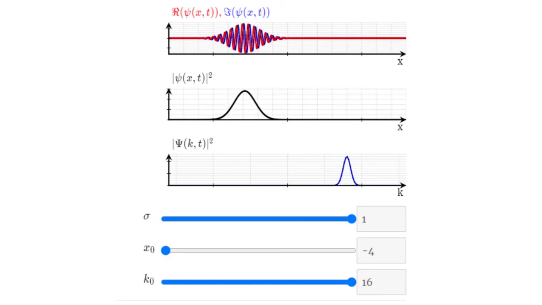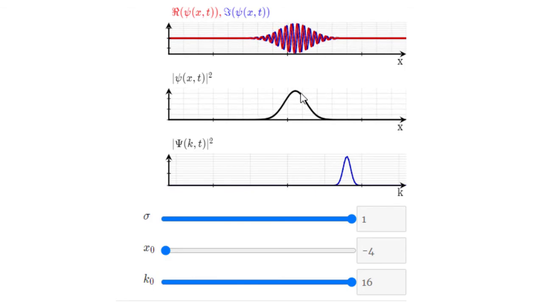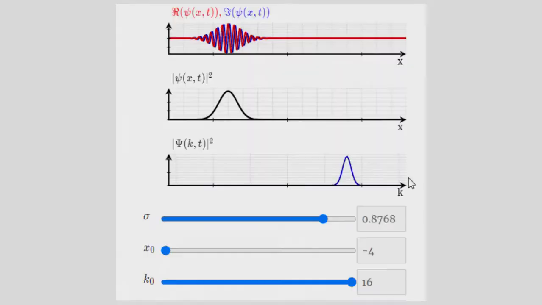So it hangs together much better than if we have a narrow range. And also because it's moving quite quickly, the group velocity compared to the phase velocity, it means that the individual waves comprising the wave packet aren't moving off at much higher rates, so the dispersion is much less. Let's change that.